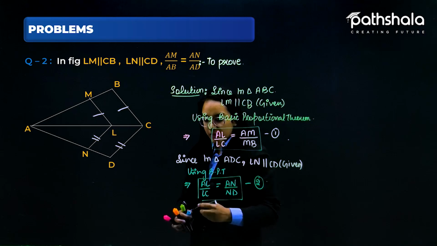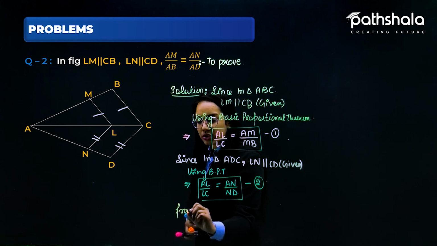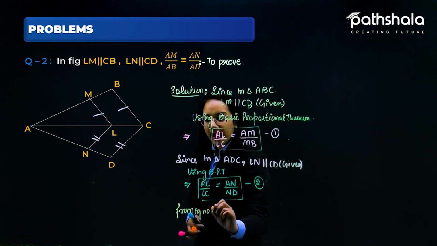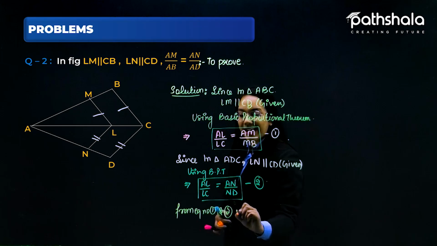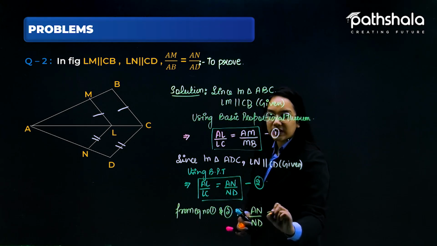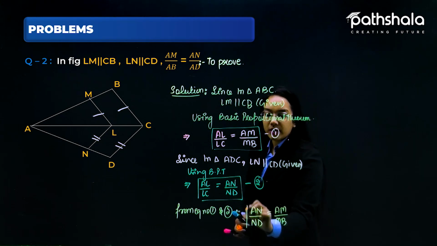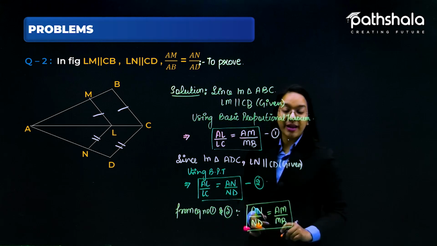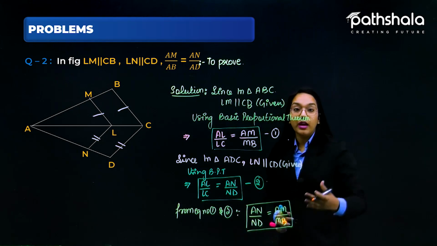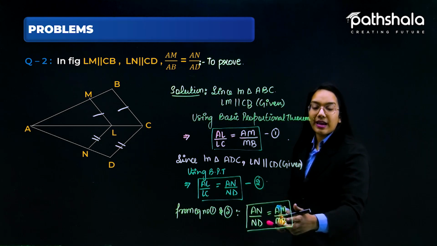Then what can we say about these two equations? From equations 1 and 2, we can say that AN by ND is equal to AM by MB.